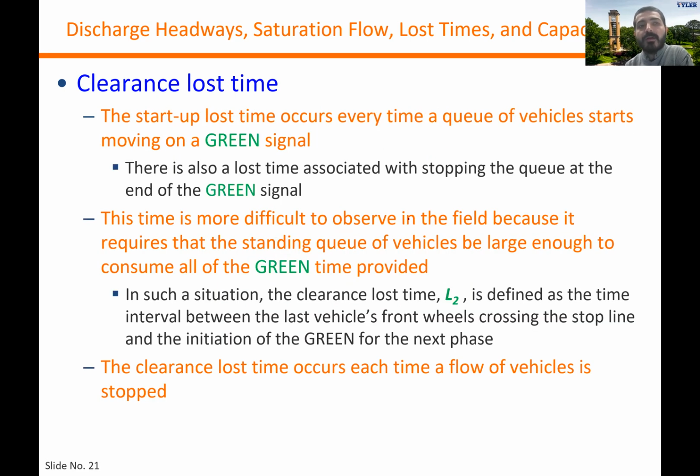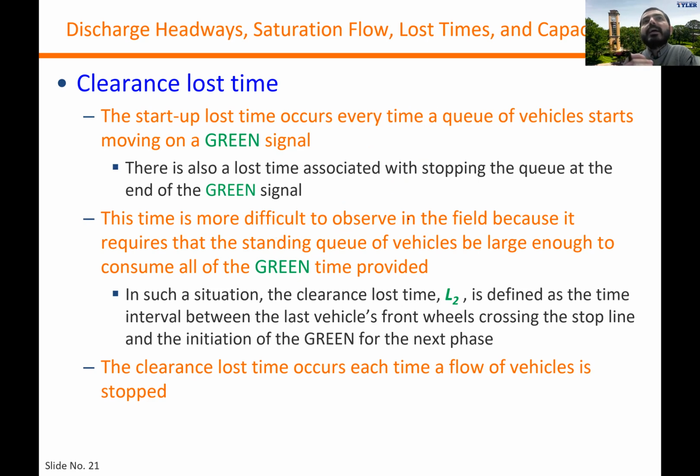We also mentioned that besides the startup loss time, there is also a clearance loss time. That's the loss time associated with stopping the queue at the end of the green signal.